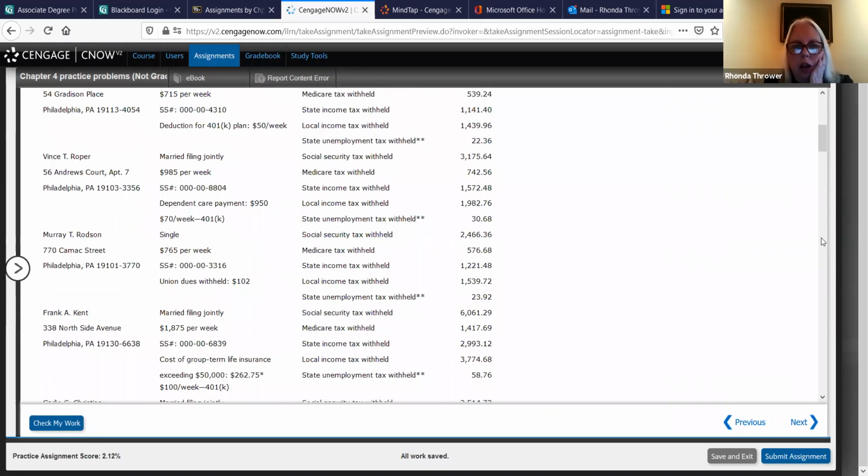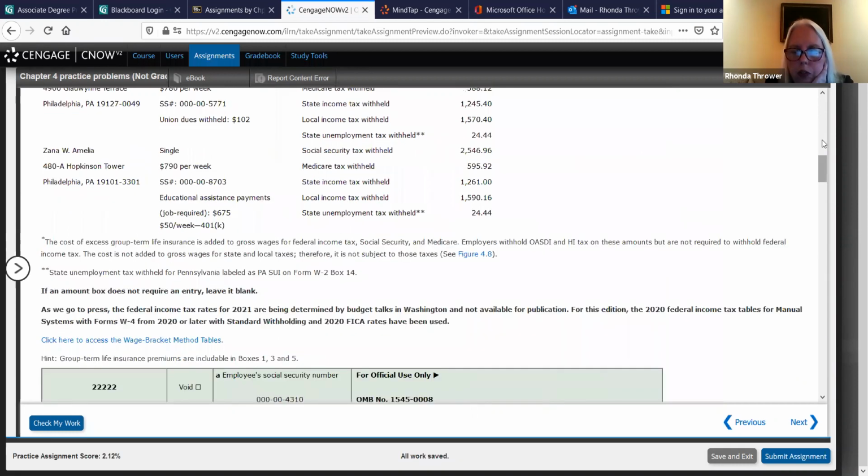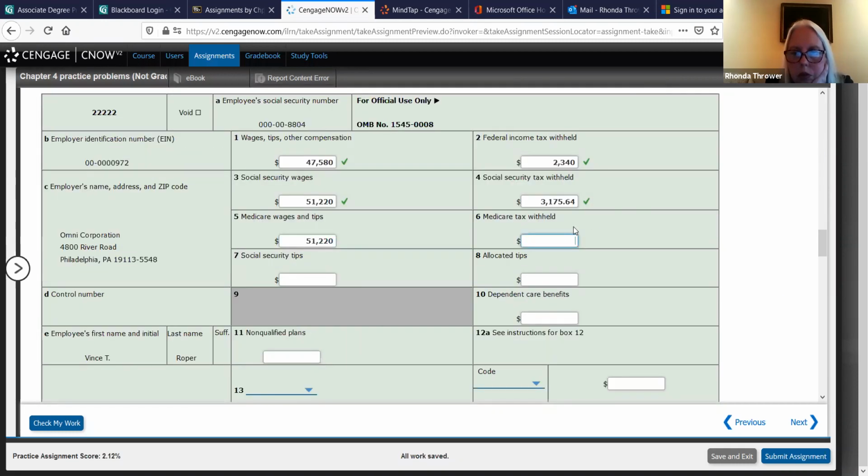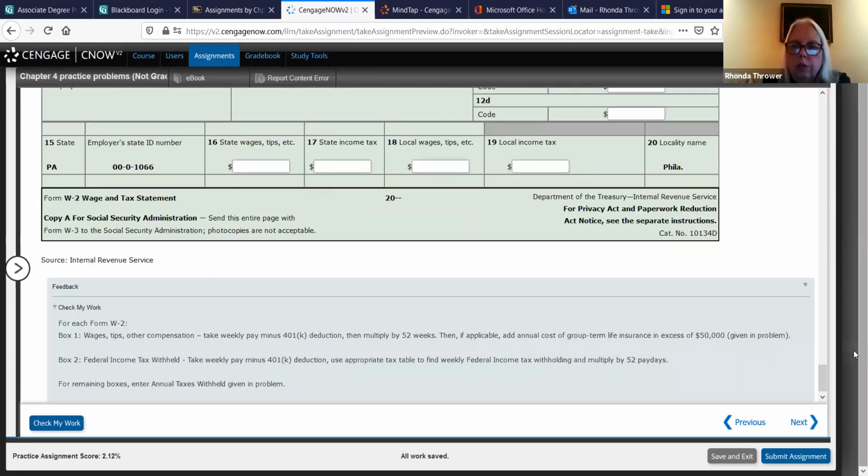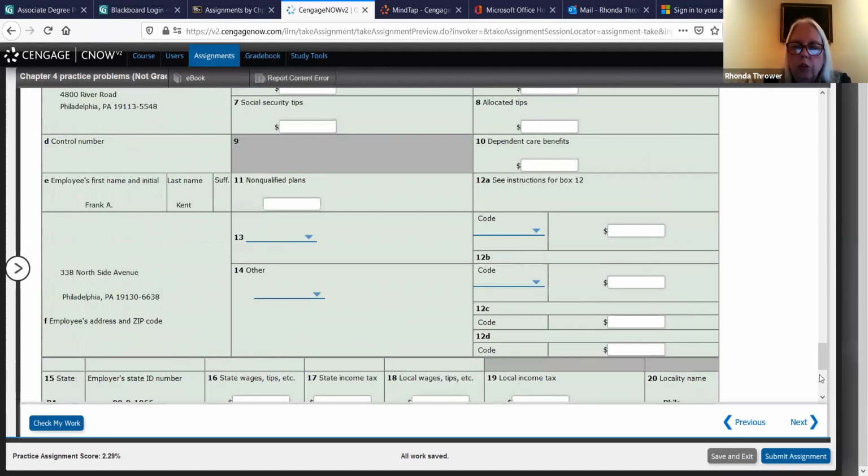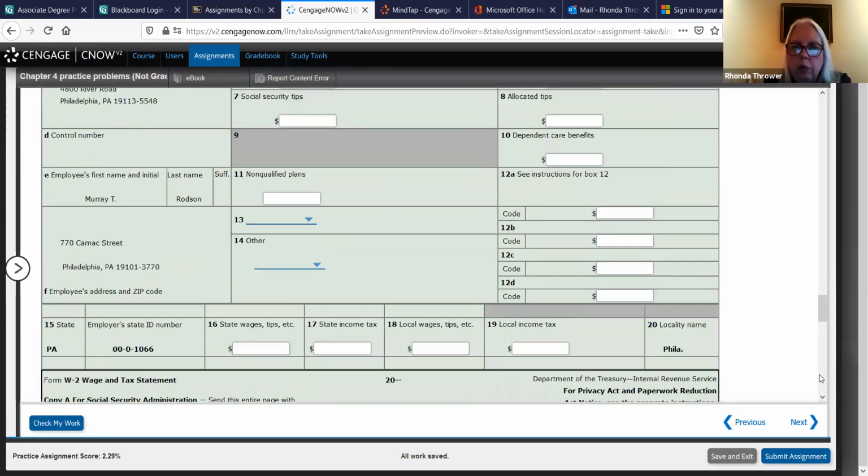Your Medicare tax for this person was $742.56. I'll check my work, just make sure I pull down the correct amount.